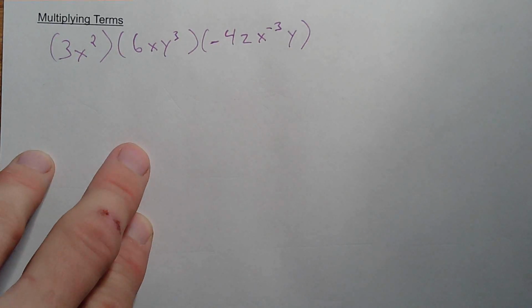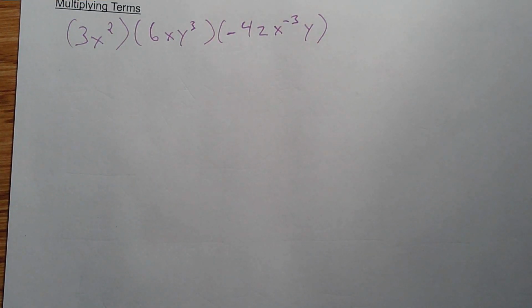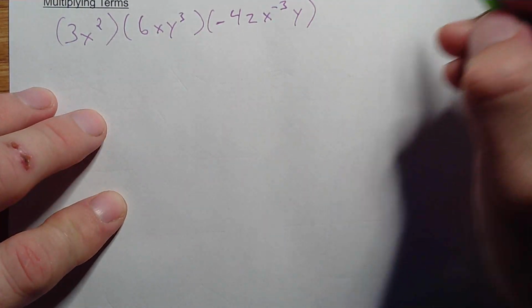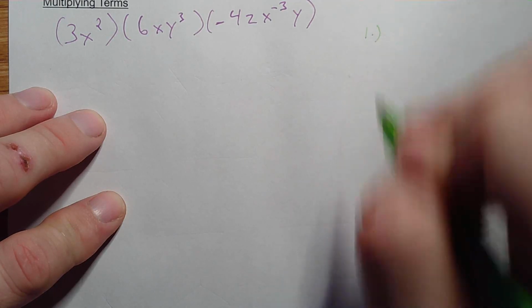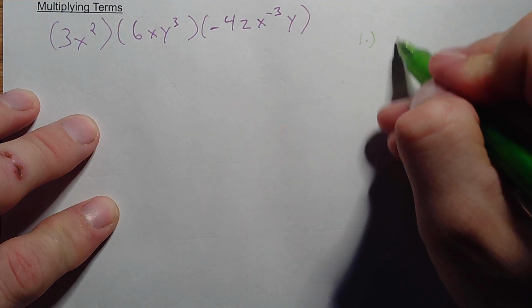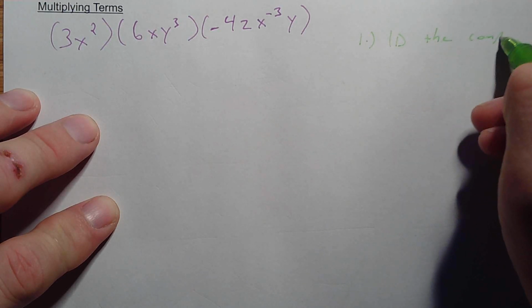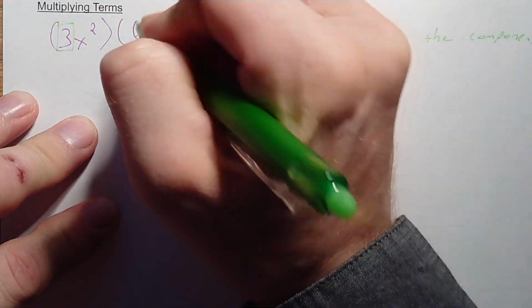Okay, so we have to identify the types of stuff we have first, okay? So here's step one, ID the components. Right, we have our coefficients.